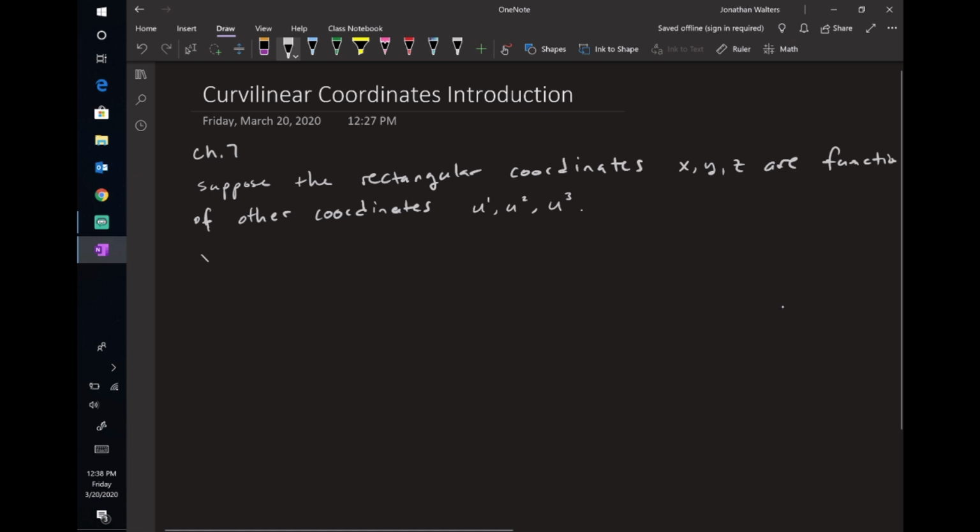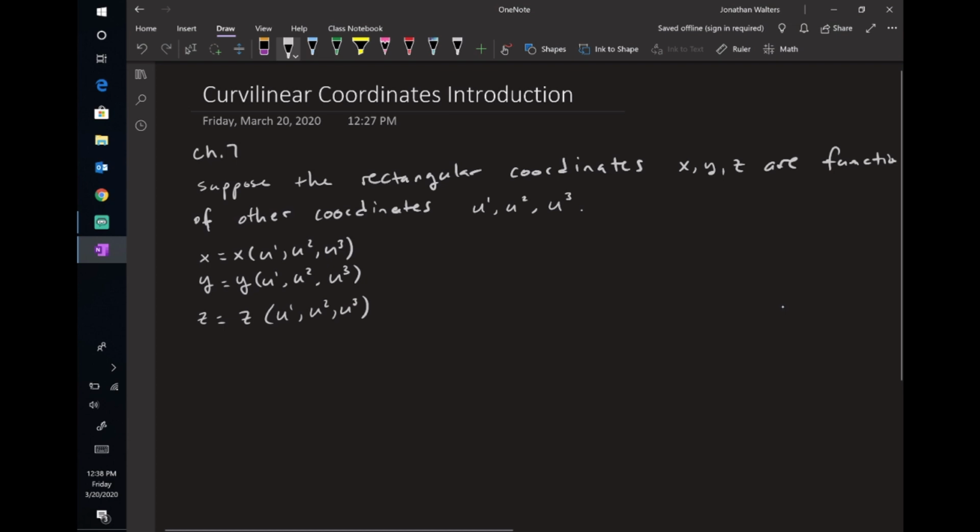So basically that would mean that x is a function of u1, u2, u3, y is a function of u1, u2, u3, and z is a function of u1, u2, u3. So all of our coordinates x, y, and z are functions of these other coordinates. You could think of these as spherical coordinates or cylindrical coordinates, or so many different coordinate systems.